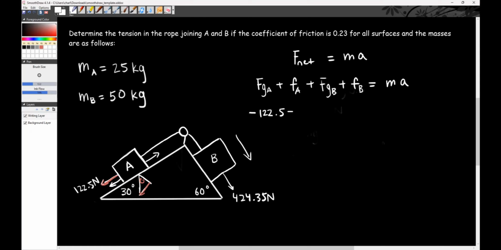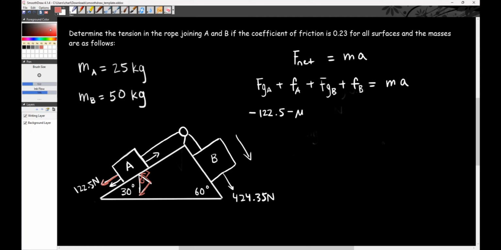And to calculate the force of friction, you need to use mu times normal force. In this case, the normal force is this force over here, since it's perpendicular to the surface. And to find that, you can just do cos 30, which is going to be equal to the normal force divided by the hypotenuse.